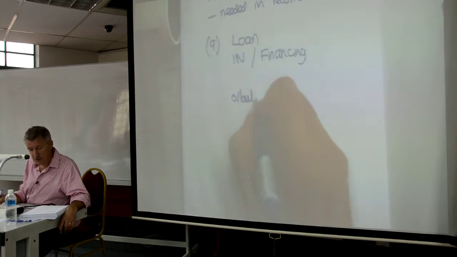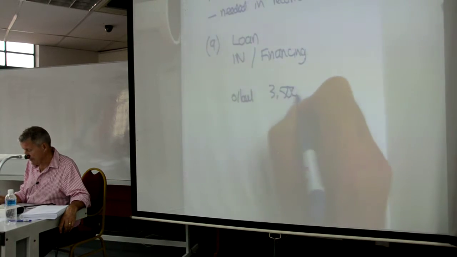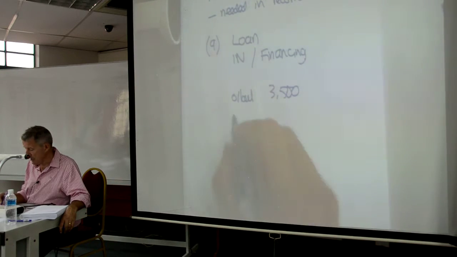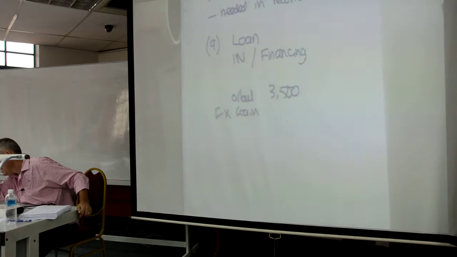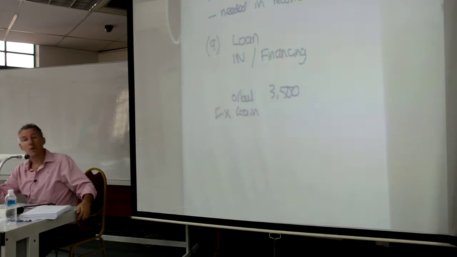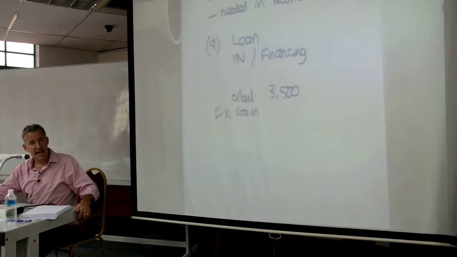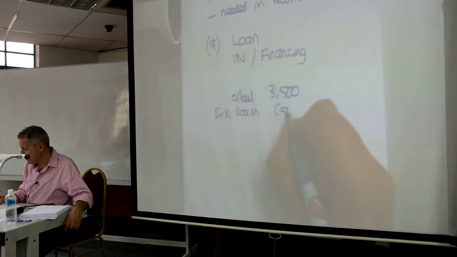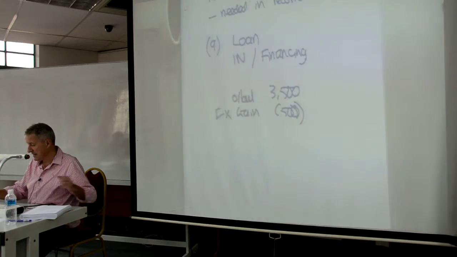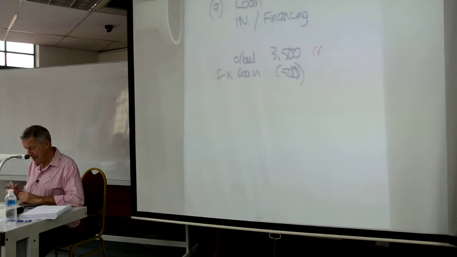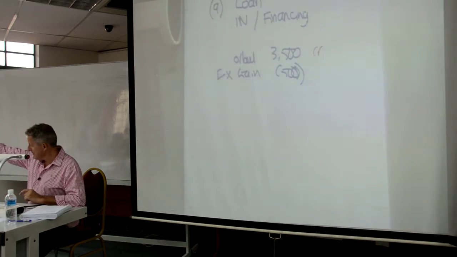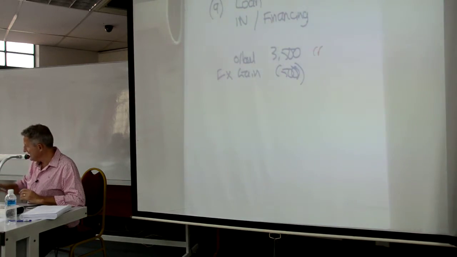The opening balance on your loan is 3.5. Now, what have you got? A gain or a loss? Gain. So if you've got a gain, does that mean you have more liabilities or less liabilities? Less. You're better off, so your liabilities have gone down. The opening balance is a credit balance, and that gain has been credited to the P&L and debited here.